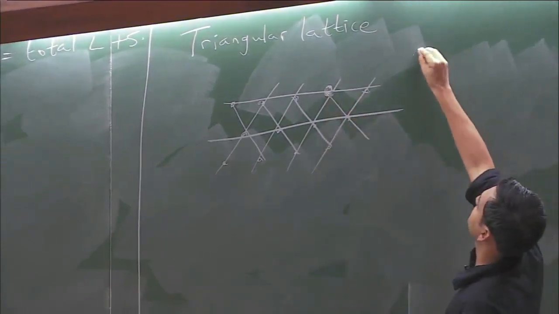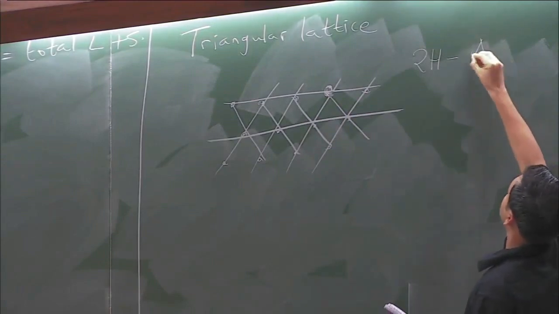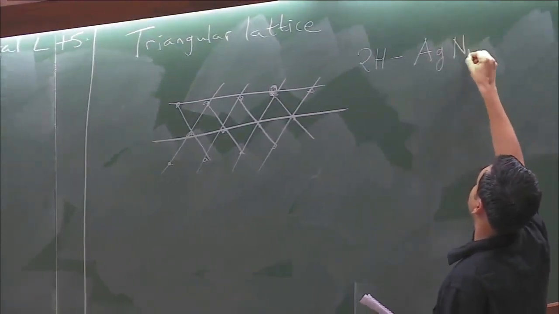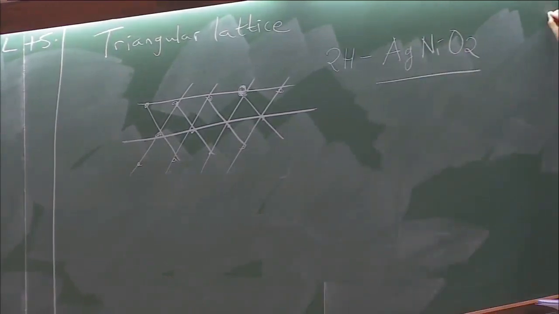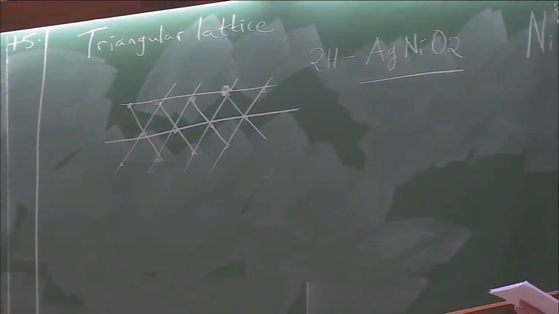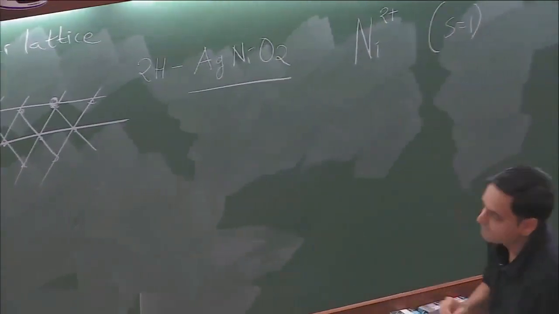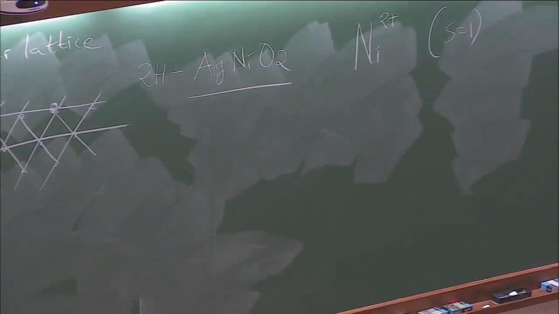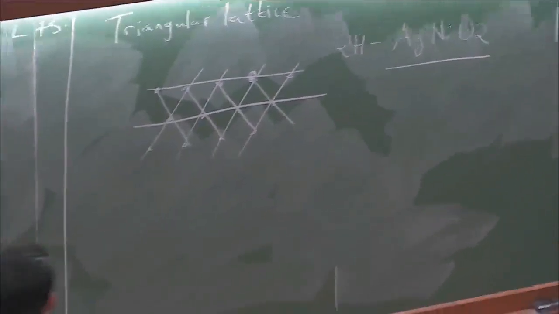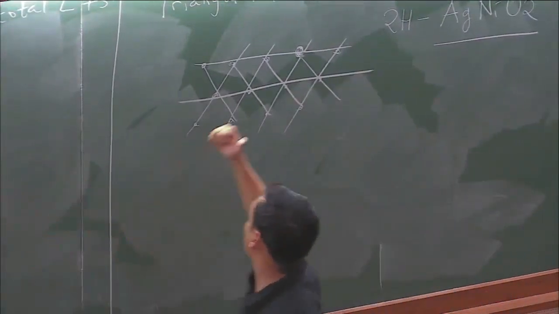One of the best studied examples is a certain polytype of silver nitride, where nickel 2 plus is spin 1 and is described by an effective Hamiltonian at low energies that looks more or less like this. With the easy axis that's common, all the Ni point out of the plane.